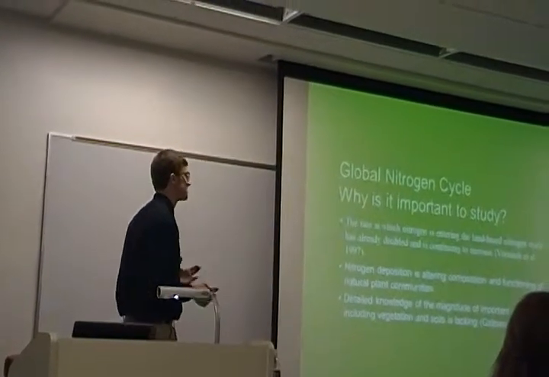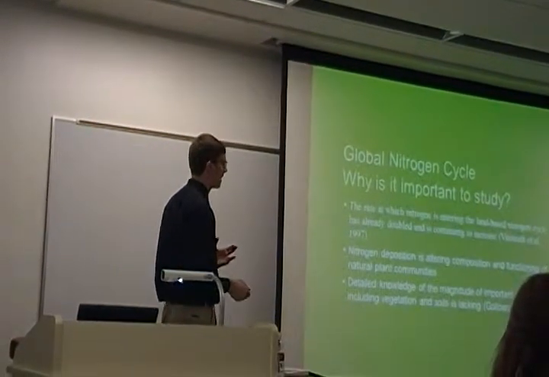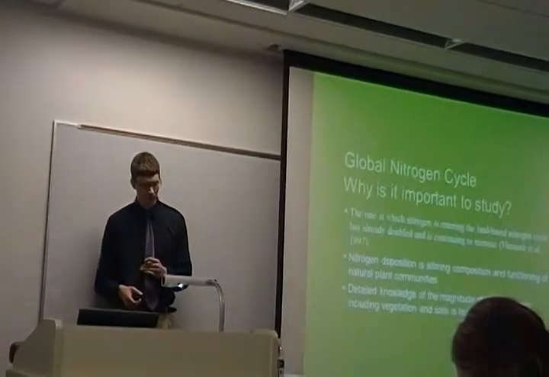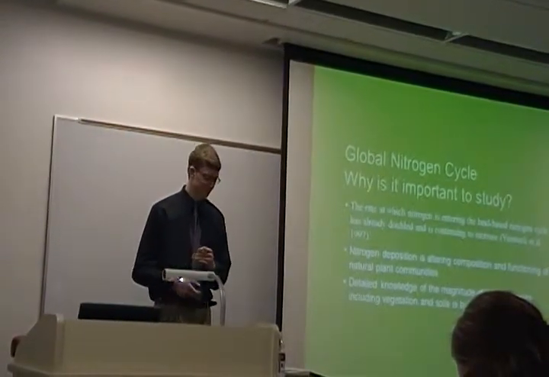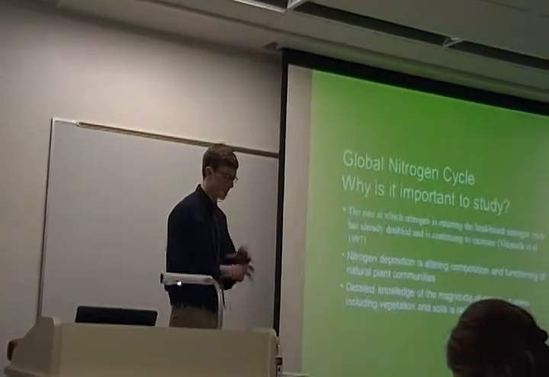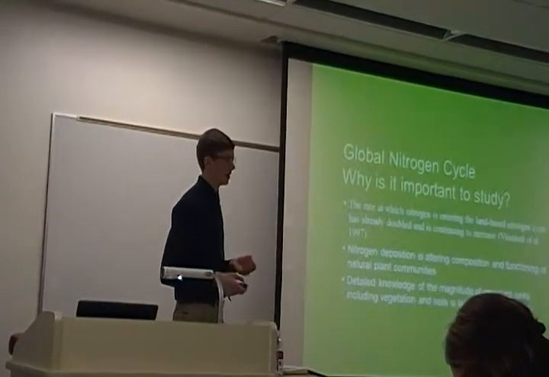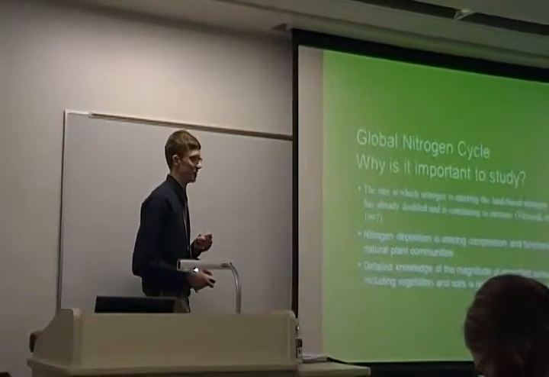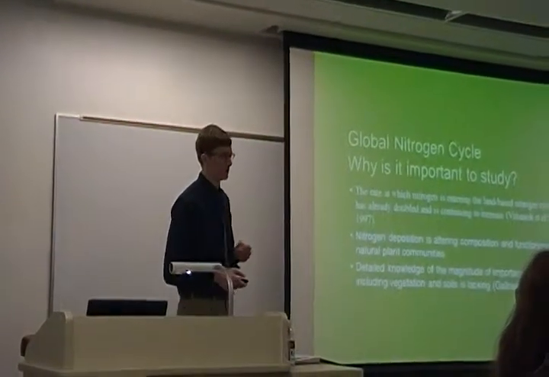So the rate at which nitrogen is entering the land-based nitrogen cycle has already doubled, and it's continuing to increase. So what I mean by that is the atmosphere is full of N2 gas. It's very abundant in the air, but that kind of nitrogen isn't available for plants to use.